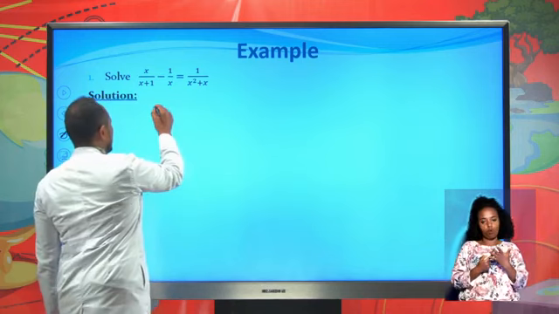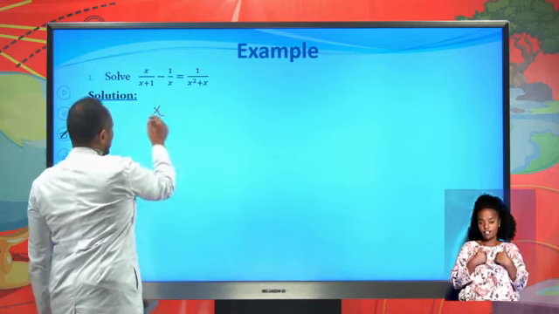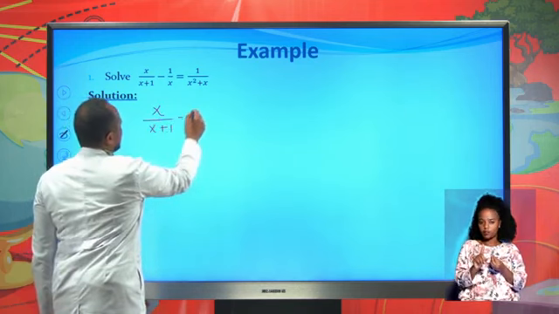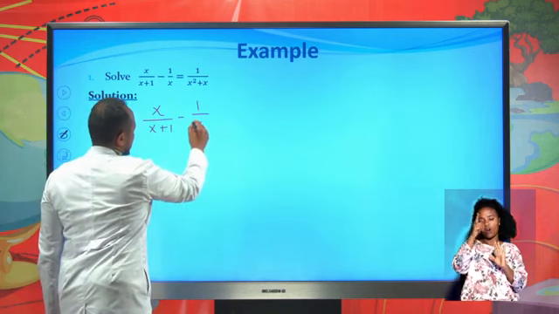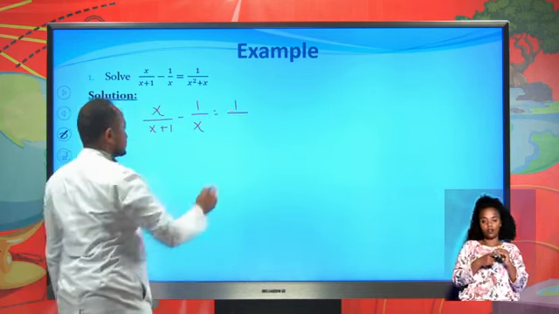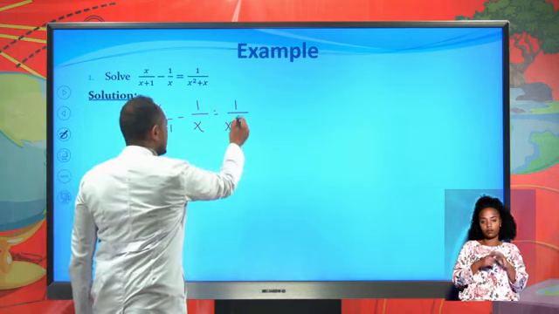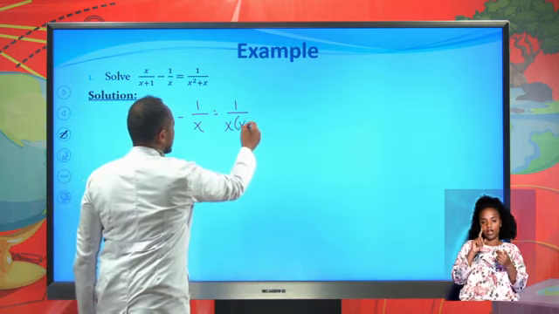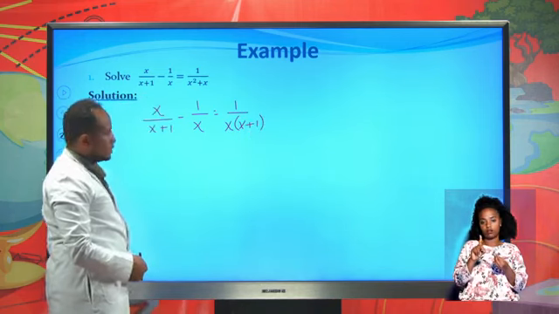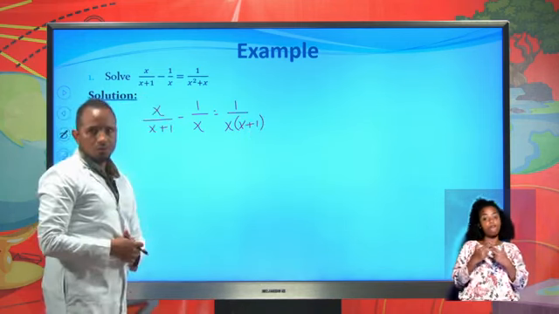So you have x over x plus 1 minus 1 over x equal to 1 over x times x plus 1. Factorizing the denominator, this one.